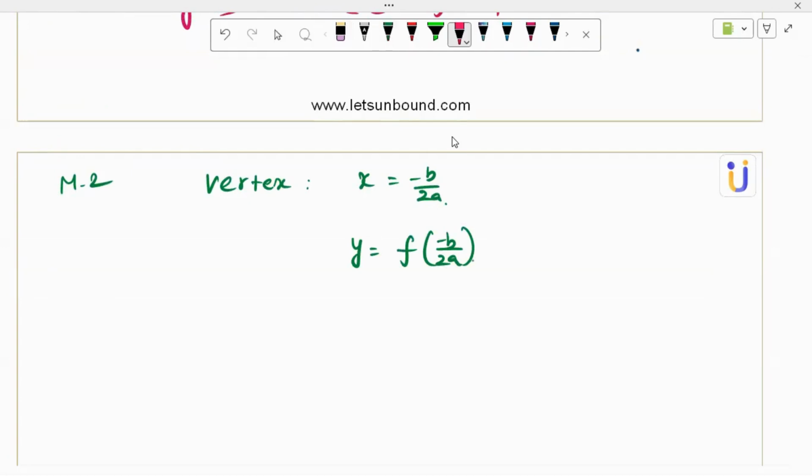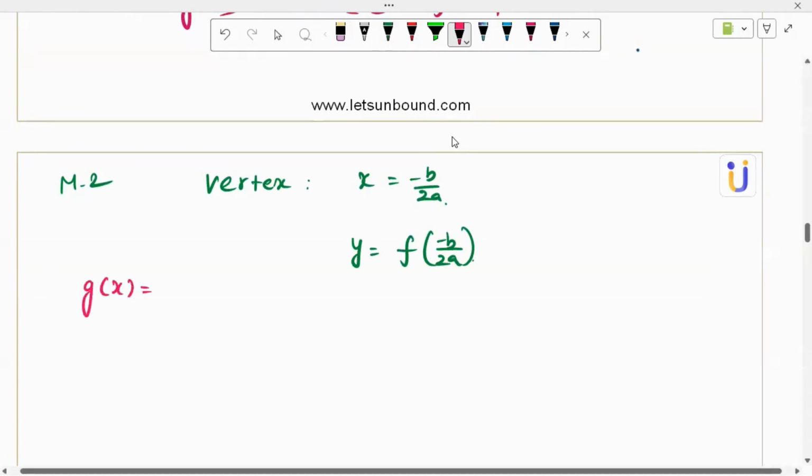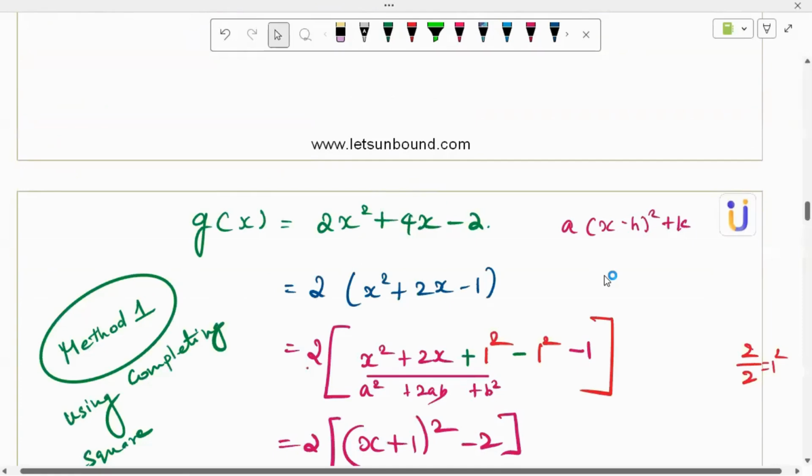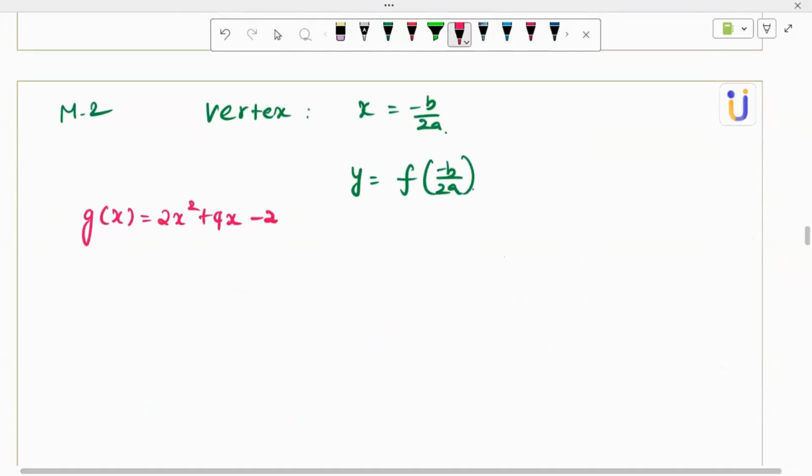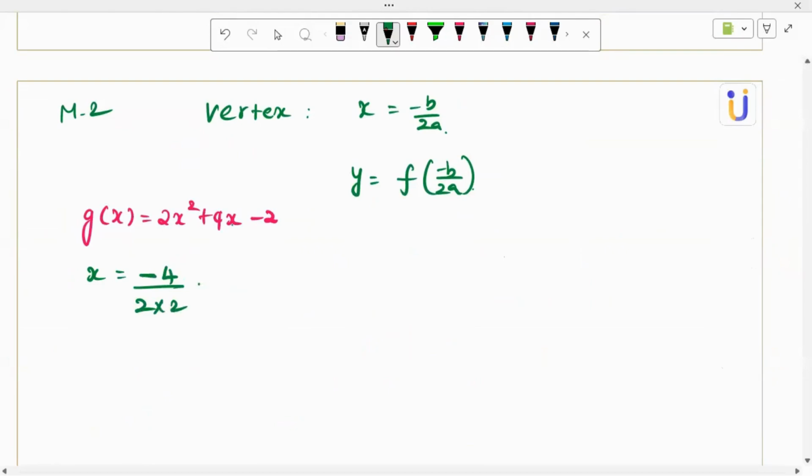Here my g of x is 2x square plus 4x minus 2, right? So we know what a and b are from the standard form. My a is 2. So x is minus b, b is the x coefficient, this minus is in the formula, by 2 times a, which is 2, so that is minus 1.